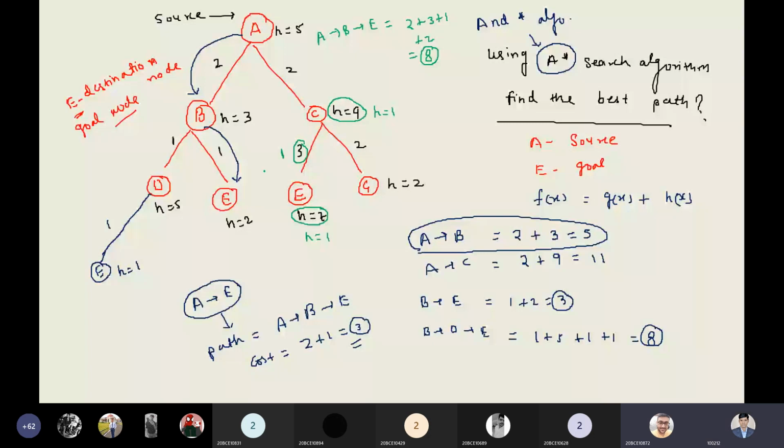If I think about the other path that I can explore, A to C and then E, what would be my cost? 2 plus 1 plus 1 plus 1.